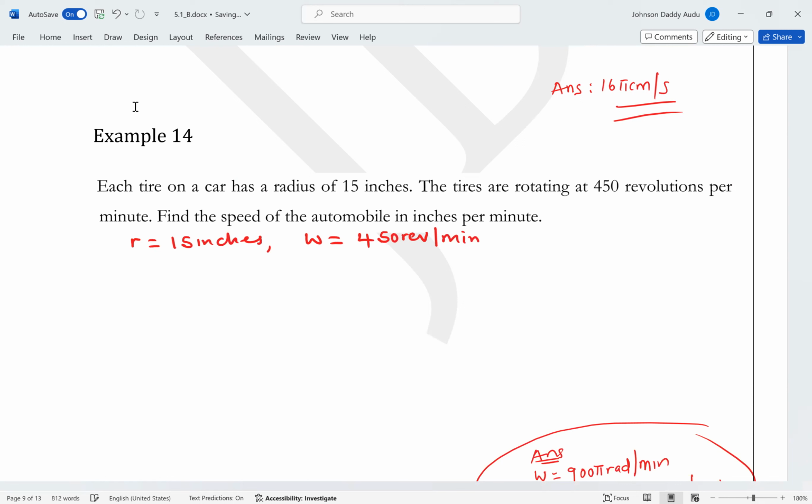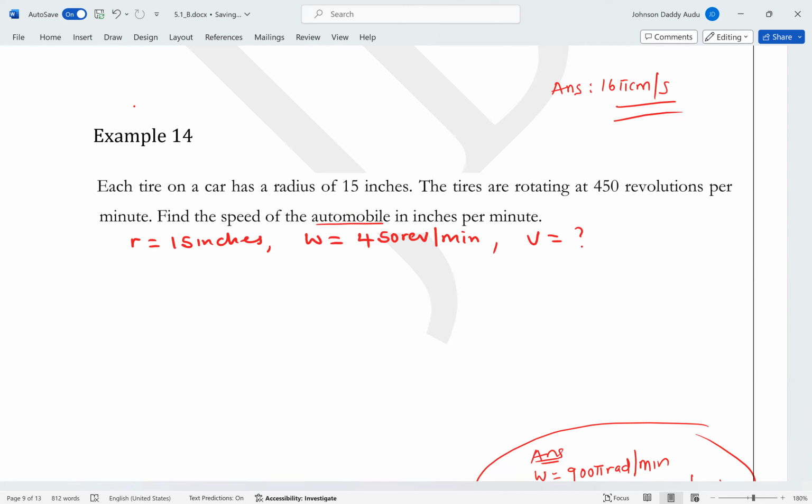Now we want to find the speed of the automobile in inch per minute. So since we see inch per minute, what does that mean? Always look at the units. So we're actually looking for V, because if it is omega, you will see rev or rad, right? So we are looking for V. This is what we need.